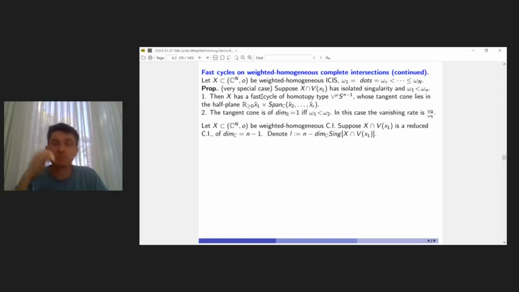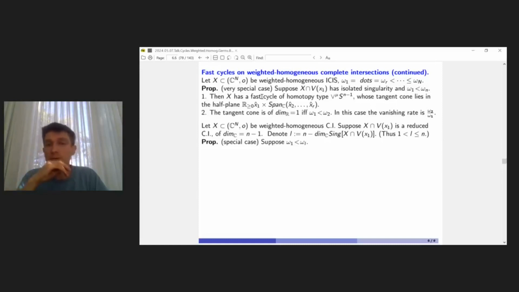It can have non-isolated singularity, so there is a singular locus of some dimension. Let's denote the codimension of the singular locus by L, some number. One can verify some inequalities. And then we can extend the very special case to just a special case.